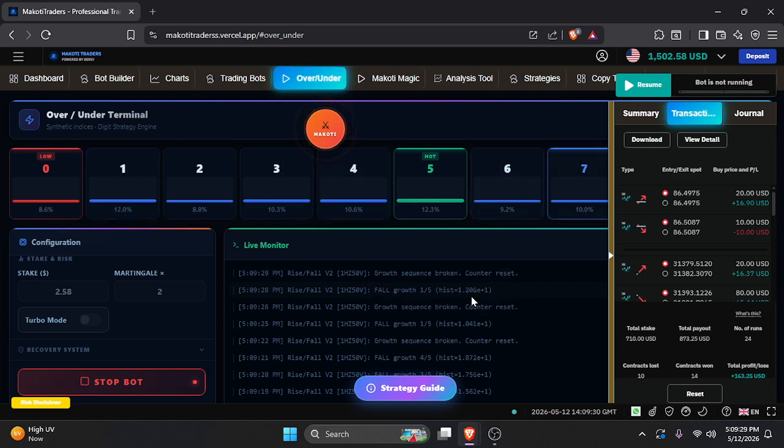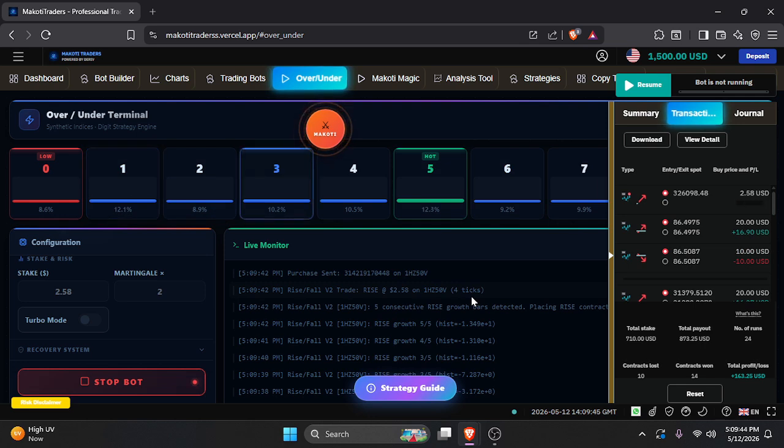It is waiting for an entry point for rise and fall. And remember, all of these are automated. You don't need to do anything. Okay, so let's wait for the first trade.